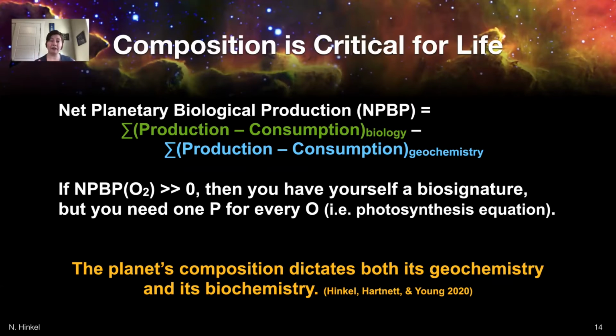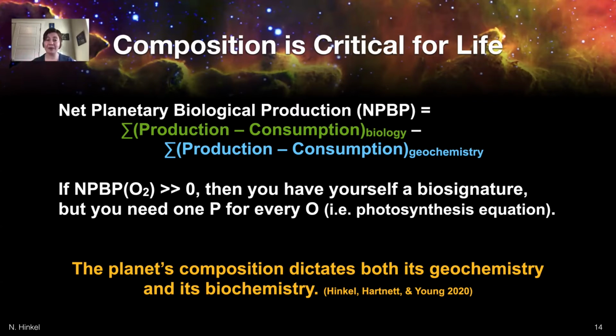So ultimately, we have to understand what the net planetary biological production is, such that we can remove all of the influences from the geochemistry on the planet in order to really assess that these signatures came from life. So we need to be able to say that this net planetary biological production is much, much greater than 0 once we account for these different biogeochemical cycles that occur.